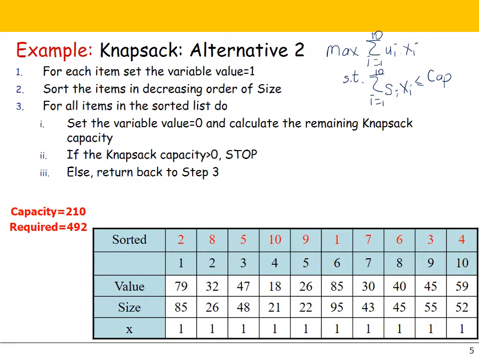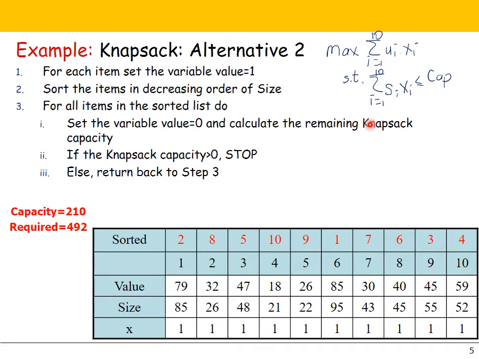Then what do we do? In the previous heuristic, we were setting each variable value equal to 1 one by one at each step. Here we set the variable value equal to 0 one by one, and then we calculate the required knapsack capacity. So 492.